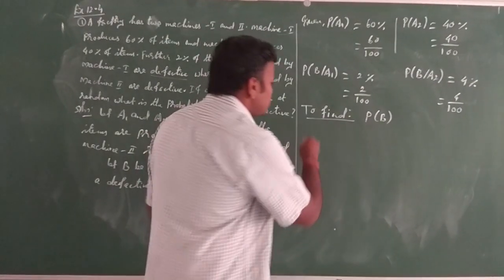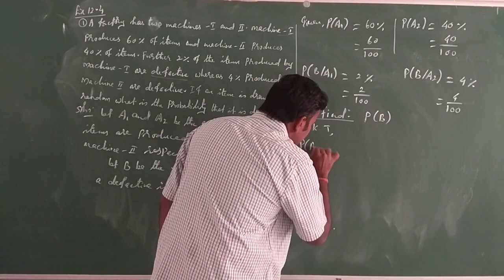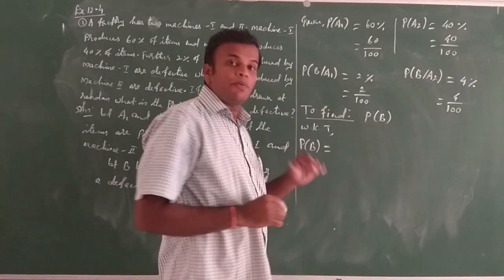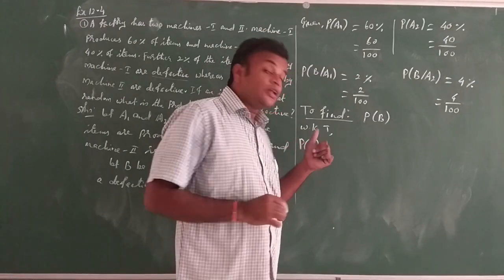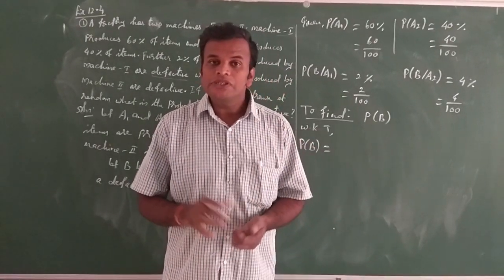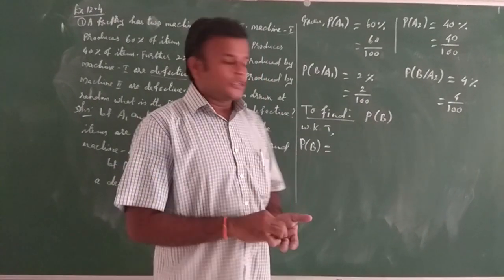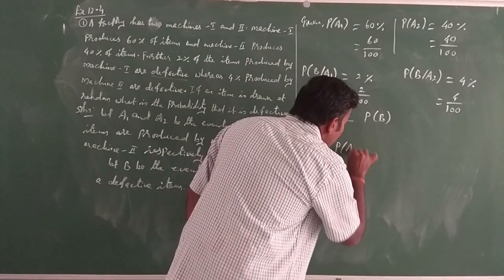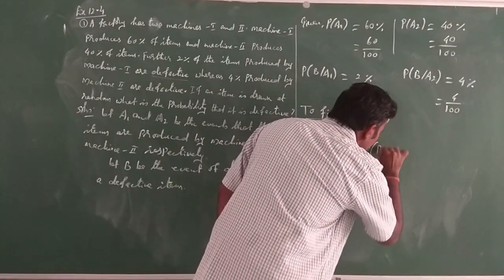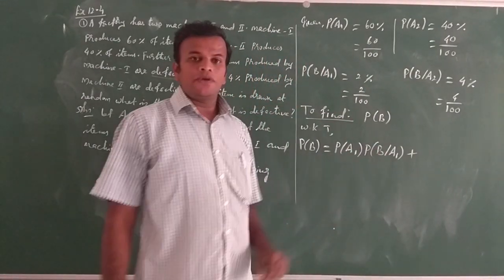Next, we write the formula. We know that P of B is the total probability of an event. We assume the probability of taking a defective item. Suppose the defective item comes from machine 1 or machine 2. Suppose it comes from machine 1, we write P of A1 into P of B by A1.